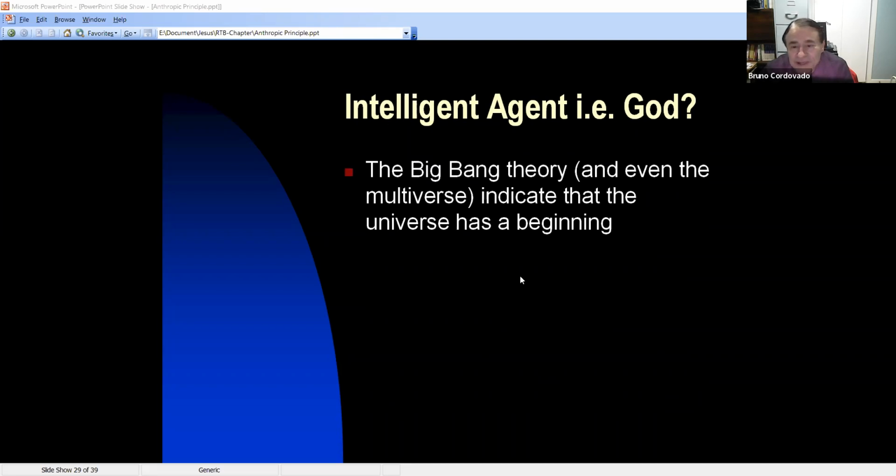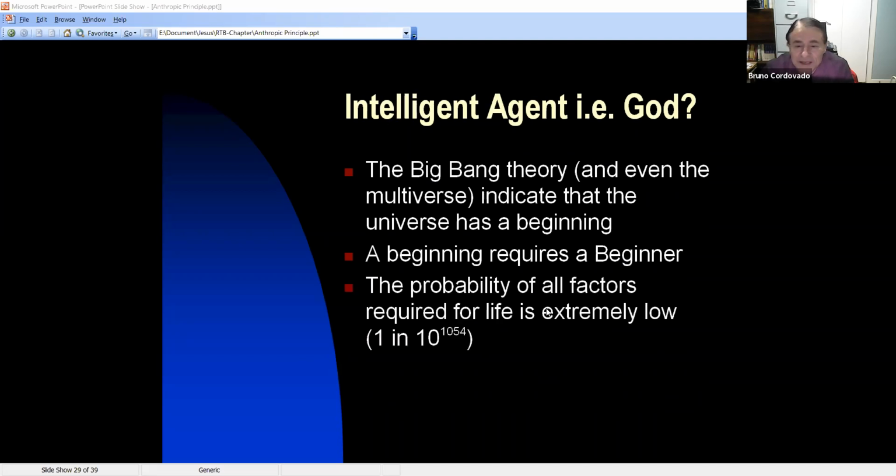And the Big Bang Theory, we know, indicates that the universe has a beginning. And if there's a beginning, it requires something to start it, a beginner. So those factors that I talked about for life have an extremely low probability of happening: 1 in 10 to this huge exponent of over 1,000.